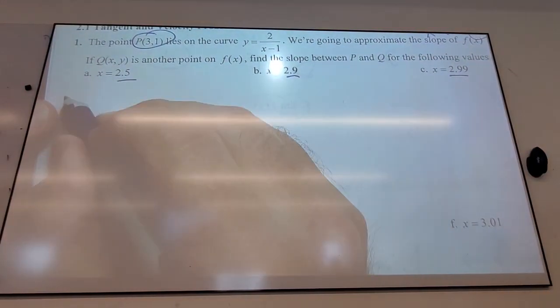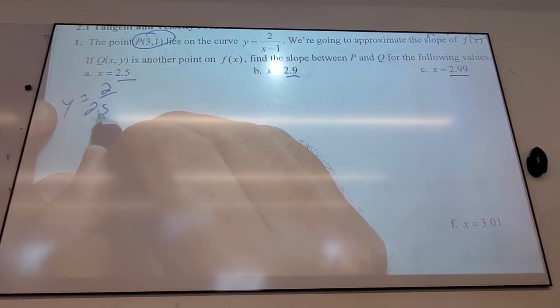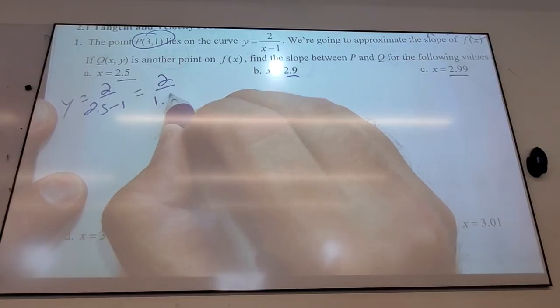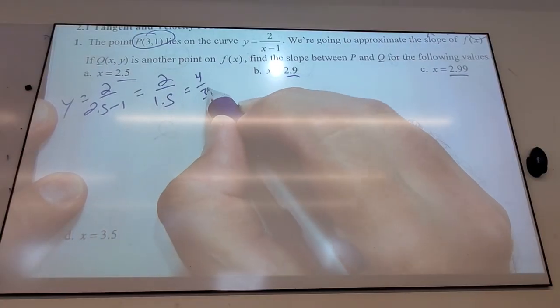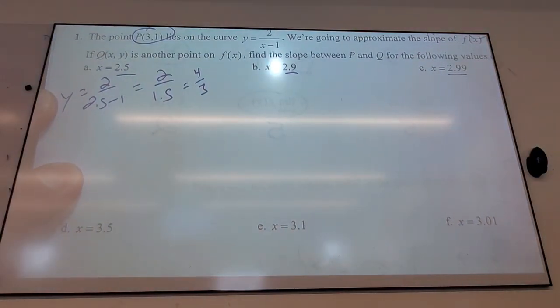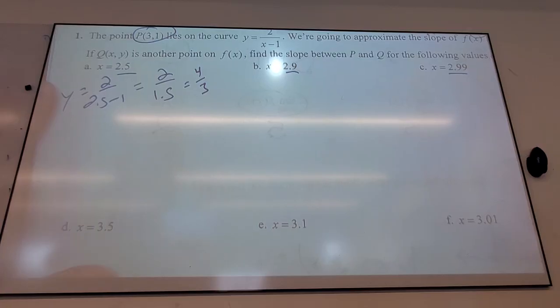So what do you get when you plug that in? Or if you just plug it in your calculator, you should get 1.333. Anytime you have a 0.5, just double the top and bottom, get a nice whole number.